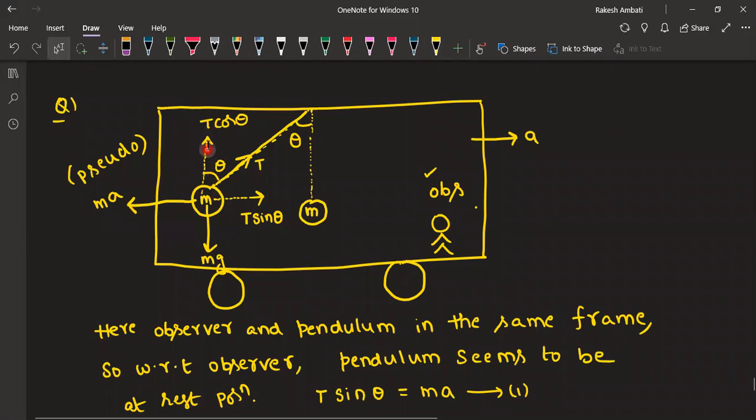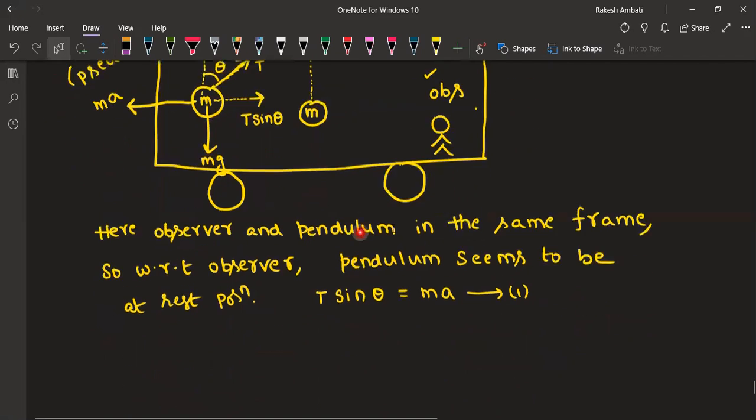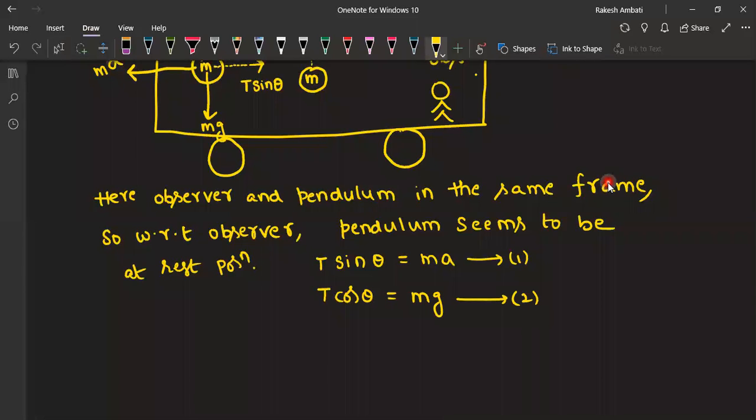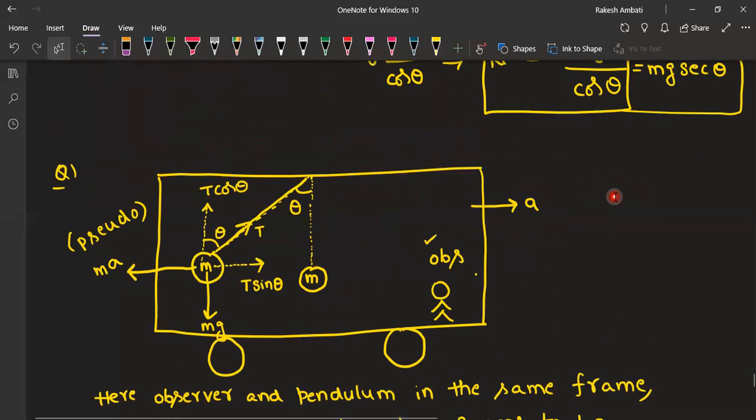T cos theta is balanced by mg. It is the second equation. So the question is, we have to find theta and we have to find the tension force T.